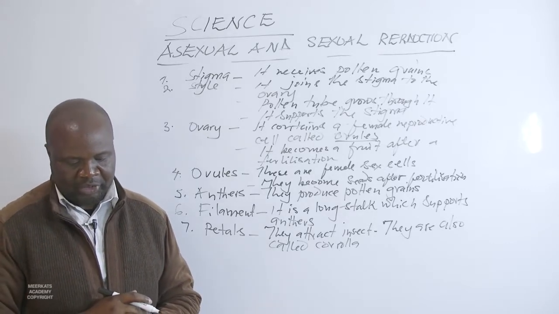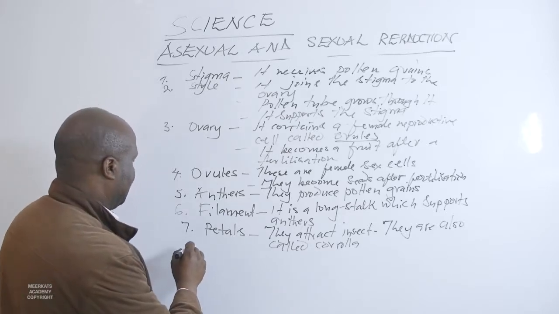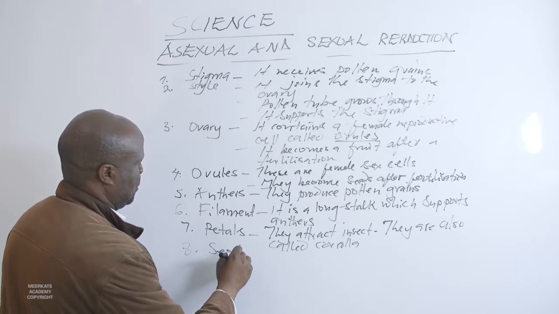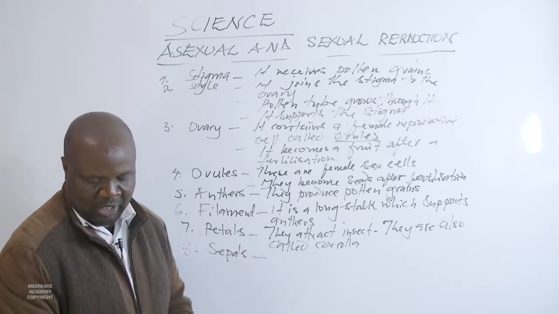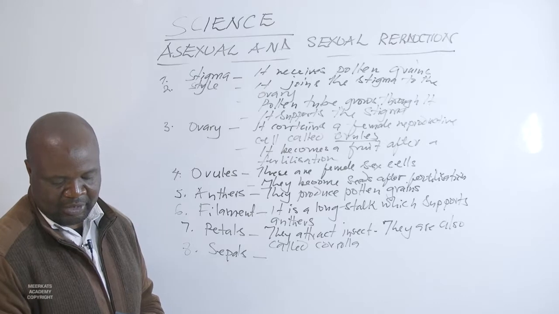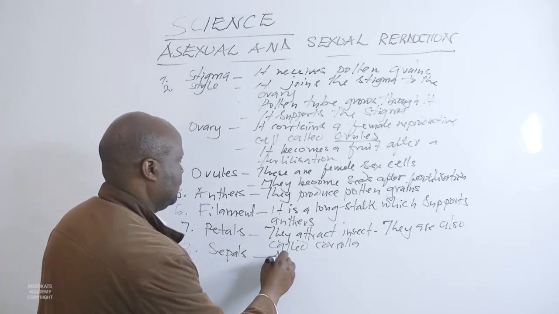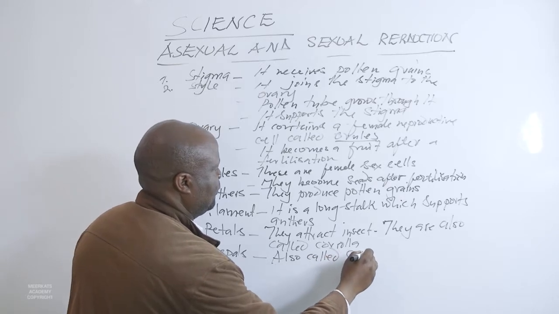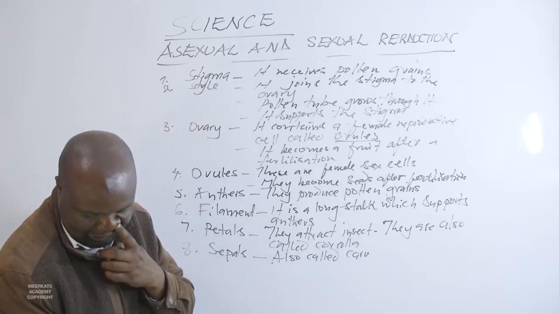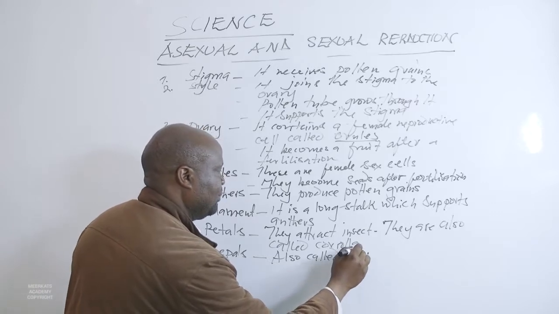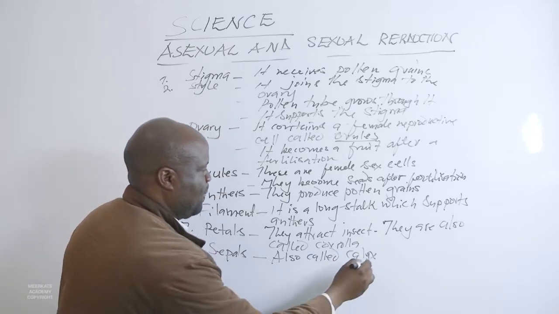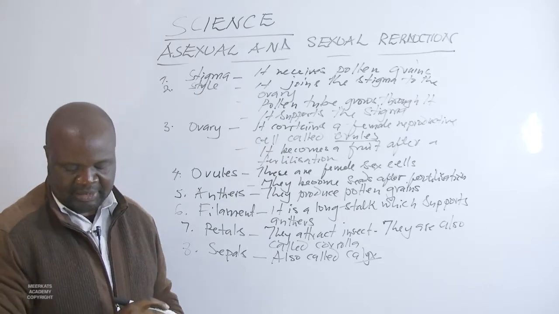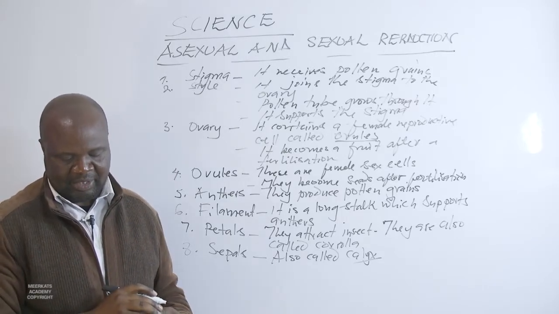Other parts are called the sepals. They are the eighth part of a flowering plant. The sepals are also called the calyx. They are green in color.